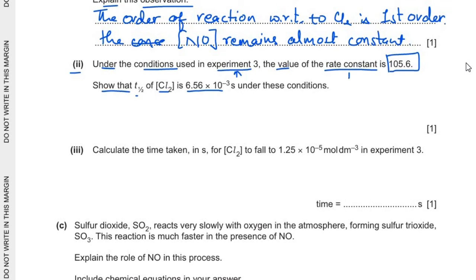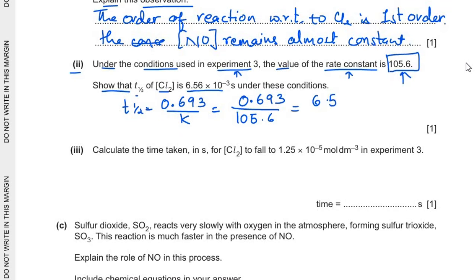If we have got the value of the rate constant, then we can directly use this formula: T half is equal to 0.693 upon K. This equation can be used only for a first order reaction, and we have already proved that chlorine is first order for this reaction, so directly substitute the value as 0.693 upon the rate constant value, that is 105.6, and we get the same value as 6.56 × 10^-3. So this is the value we get in seconds.